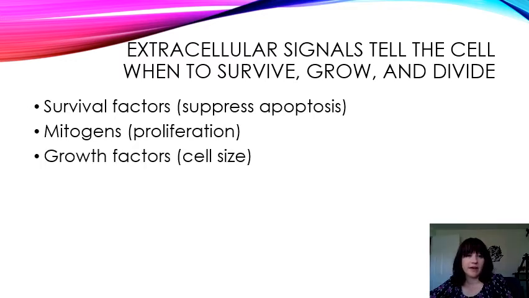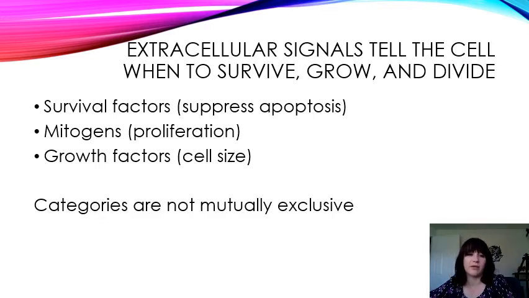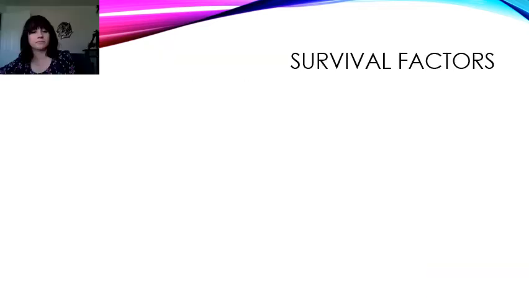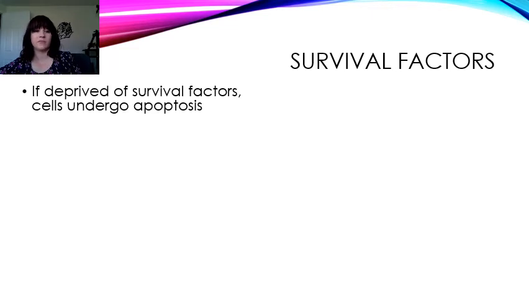There are growth factors that tell the cell to grow in size, as the name implies. And these are not mutually exclusive. So you can have a protein that is both a mitogen and a growth factor, or a mitogen and a survival factor. So again, these survival factors are keeping the cell from undergoing apoptosis.